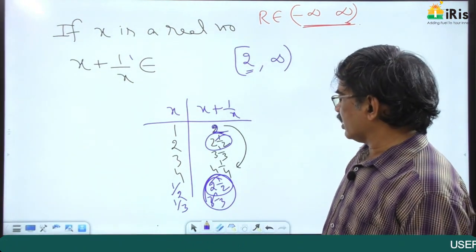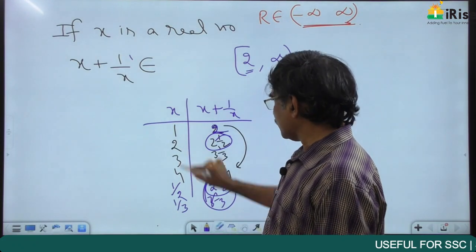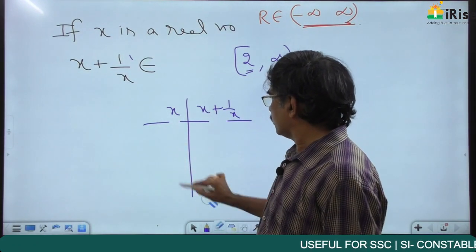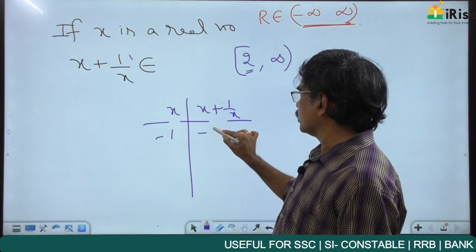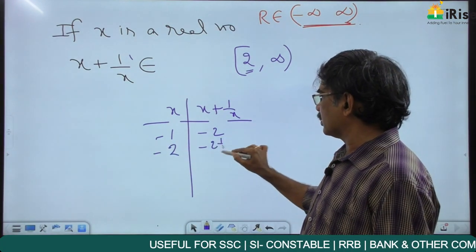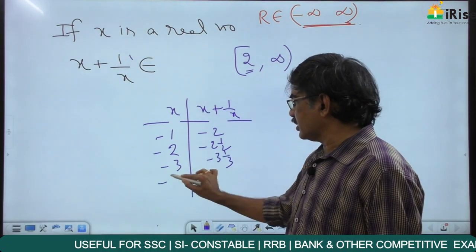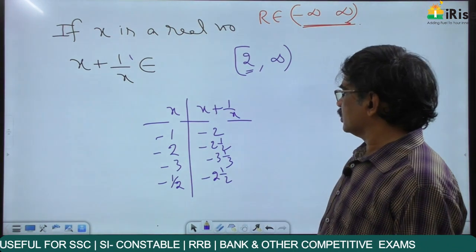Similarly, if you put negative numbers, for example minus 1, correspondingly the value is minus 2. If you put minus 2, the value is minus 2 1 by 2. Minus 3, minus 3 1 by 3. Minus 1 by 2, this is minus 2 1 by 2.